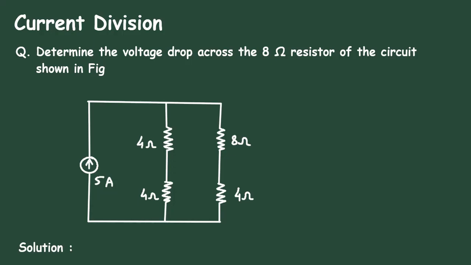So if we solve this, it will be 12 multiplied by 3 divided by 3 plus 6. So it is 4 ampere. So the current through this 6 ohm will be 4 ampere. So this is how we can find current by using the current division rule.